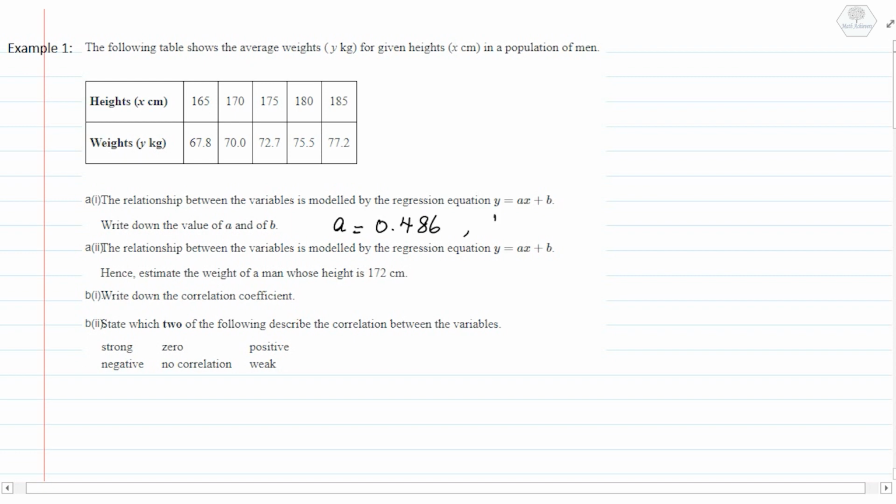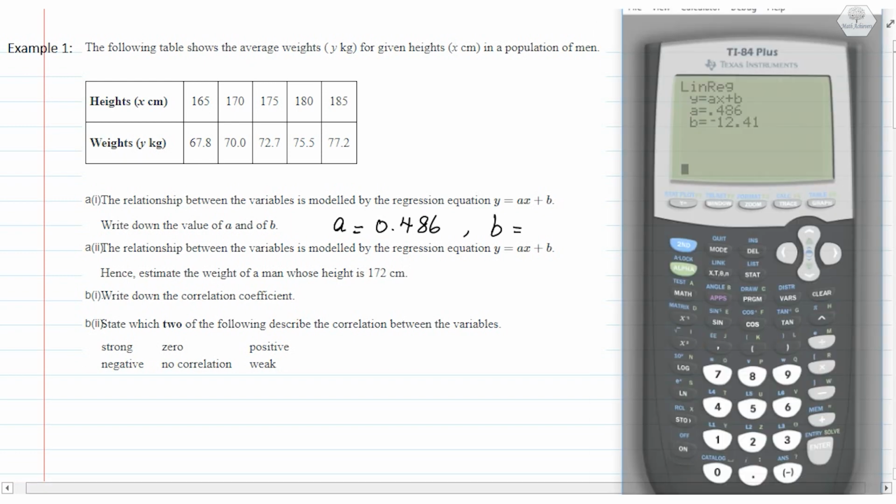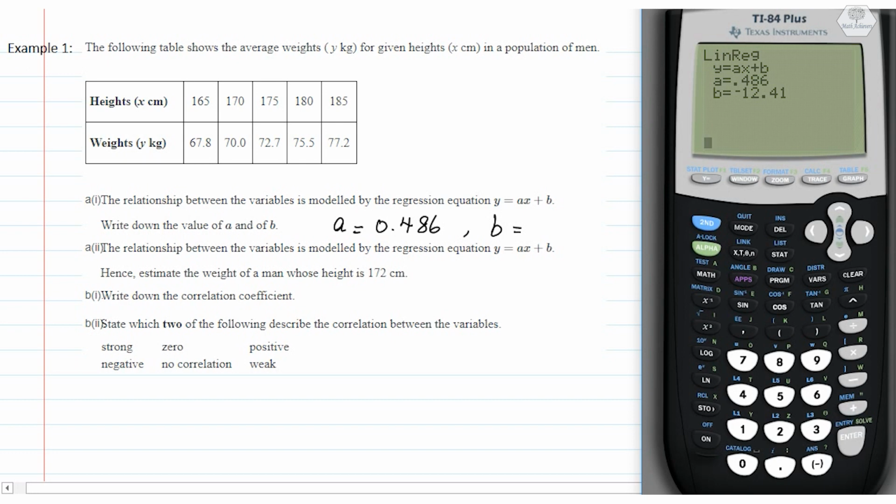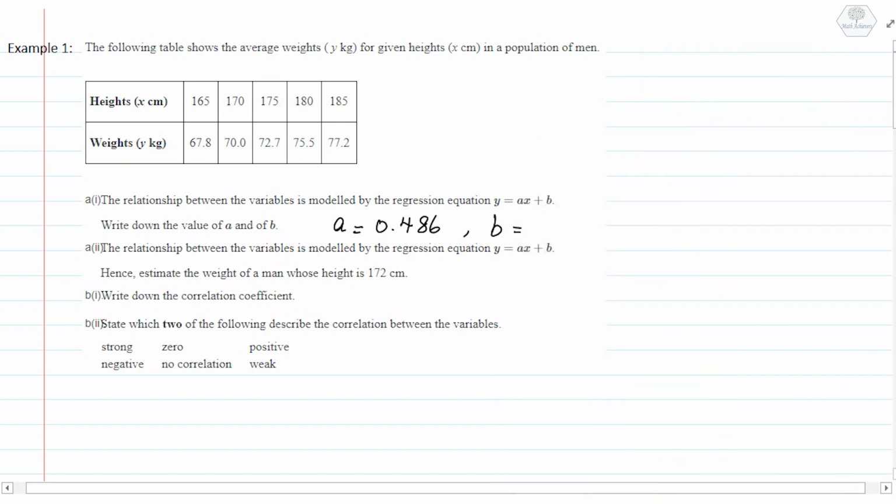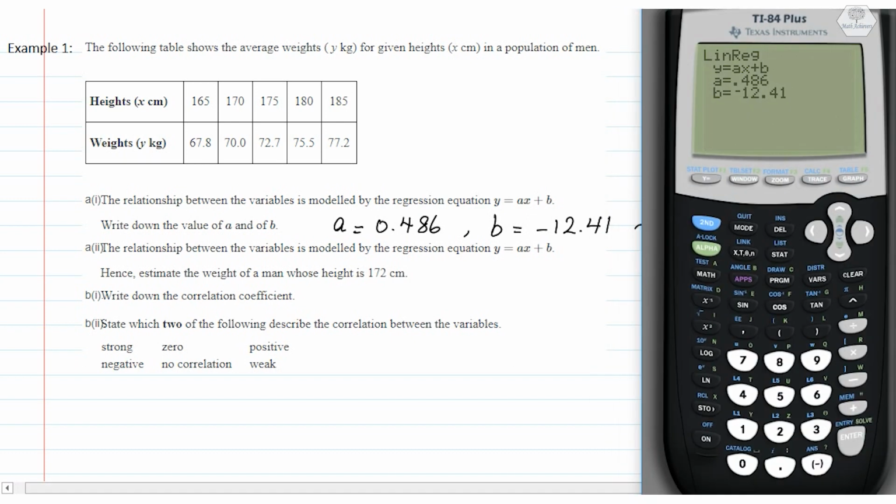And the value of b is minus 12.41, leading to the equation y equals 0.486x minus 12.41. This is the equation of my line of regression.